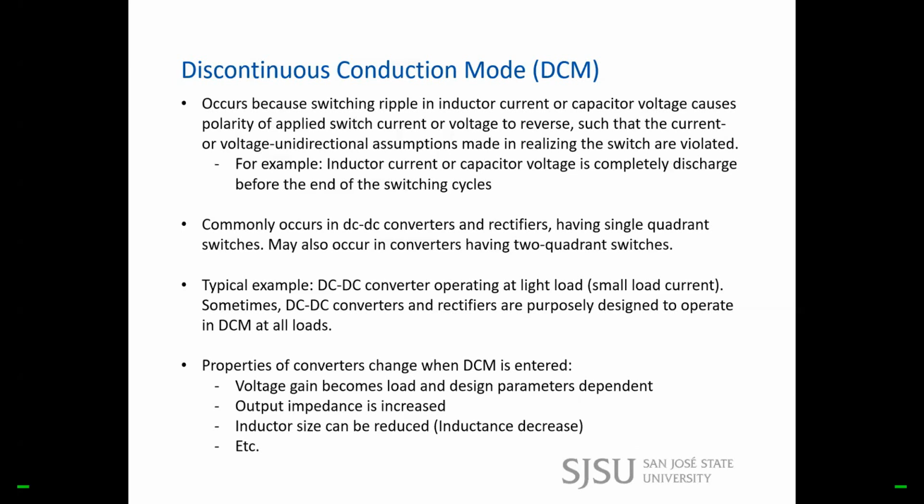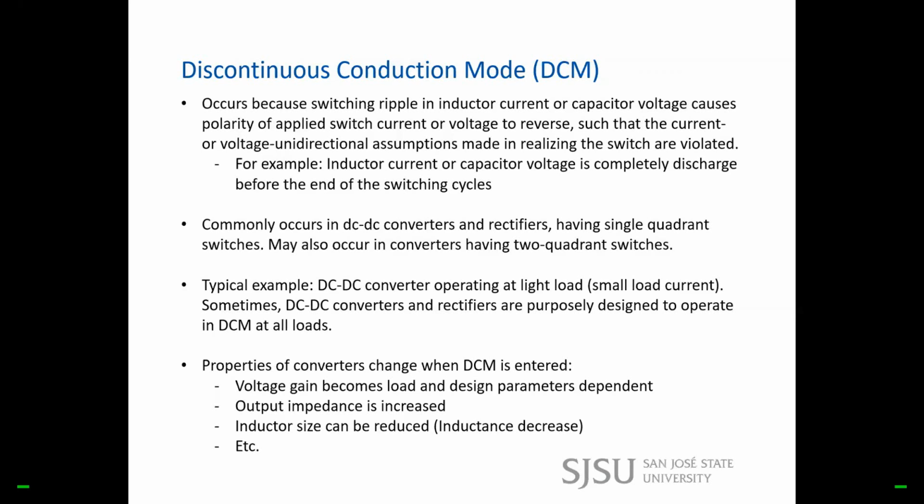Thus, any assumptions we have about the circuit in continuous conduction mode cannot be held anymore. And this causes complications in both the transfer function as well as the output voltage. We can't rely on the same system equations to both design the compensator as well as get a reasonable output voltage at a specific frequency.